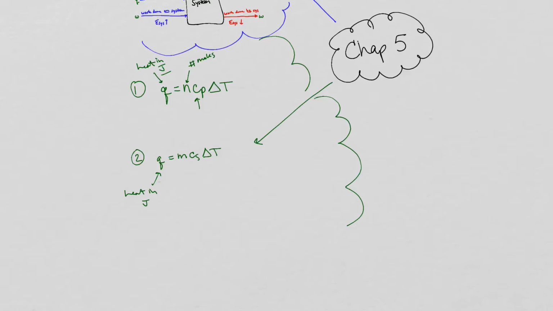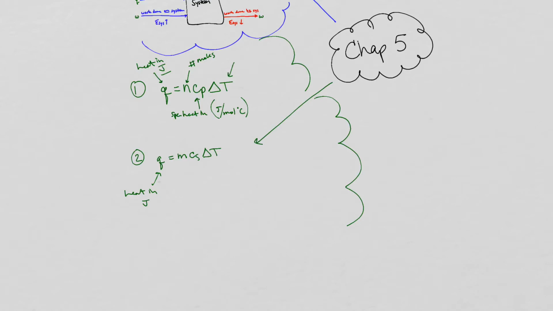So if we solve for C_p, the units on C_p will be specific heat in joules per mole degrees Celsius. That is because we have moles over here, degrees Celsius over here, joules over here. So this cancels out the units, leaving joules so that we can actually solve for our heat.